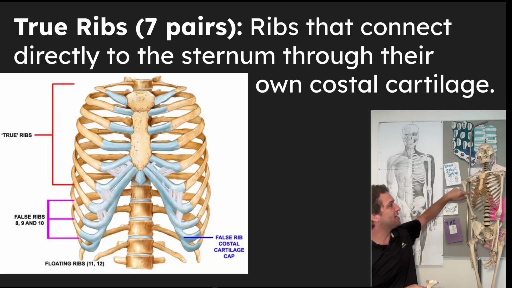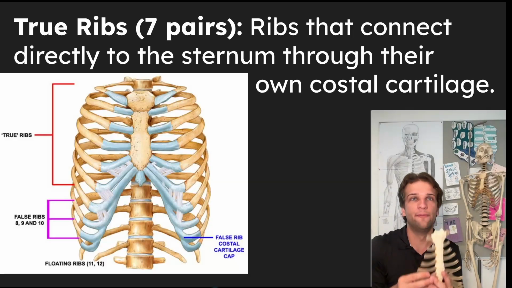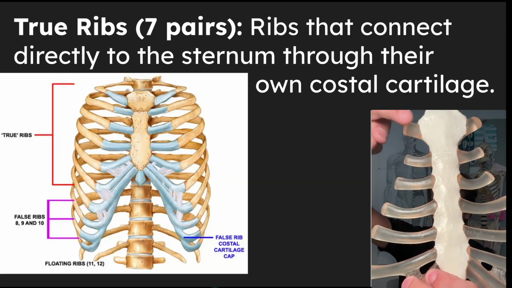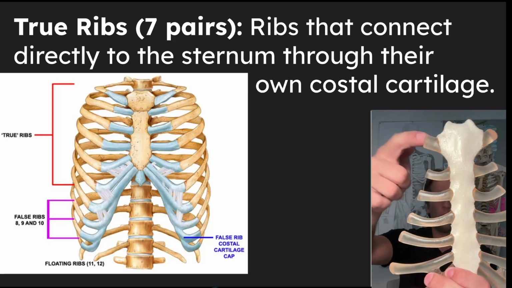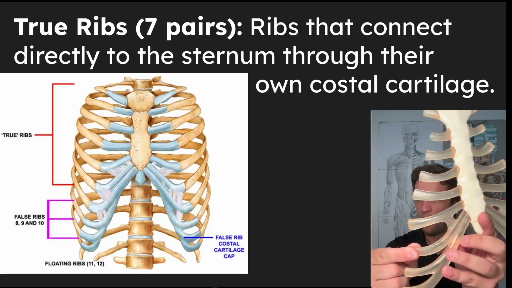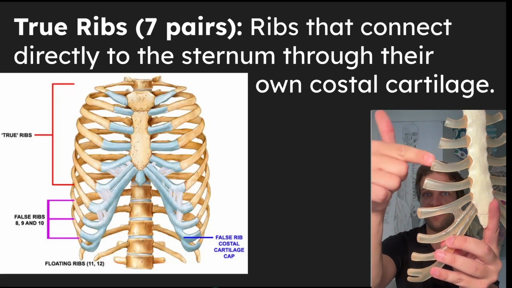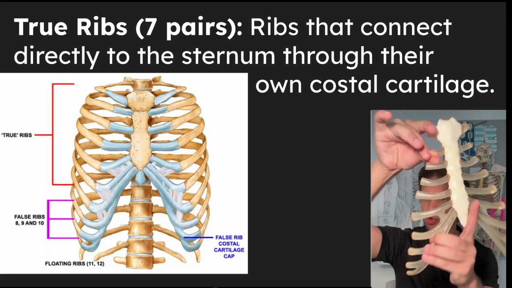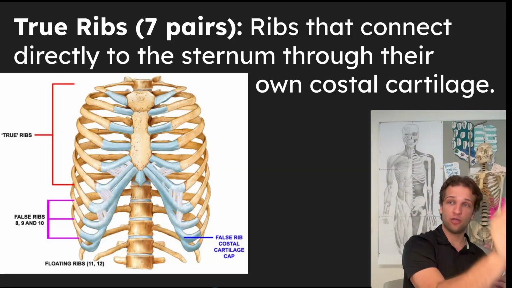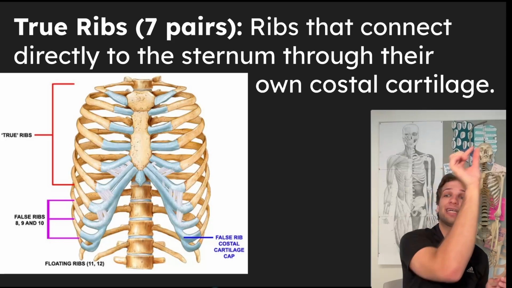The next one in the chain will connect one to one. So where our ribs connect directly to the sternum, 1, 2, 3, 4, 5, 6, 7, these 7 are all called true ribs because they connect one rib directly to one piece of cartilage that connects directly to the sternum.